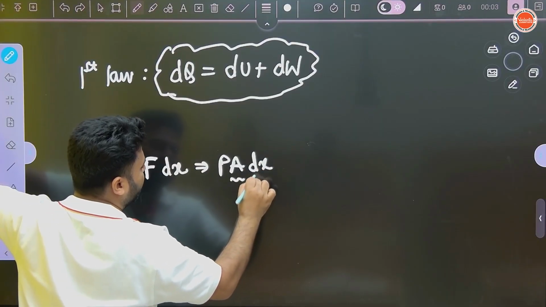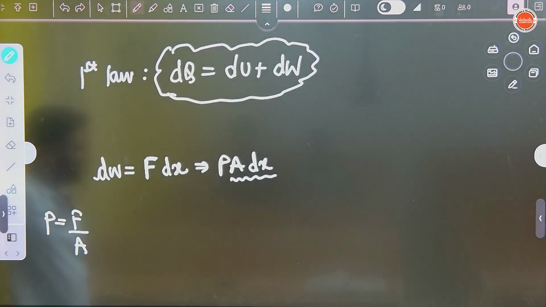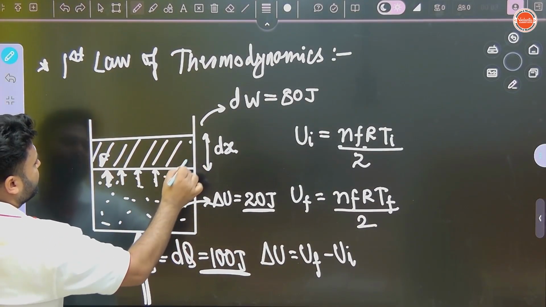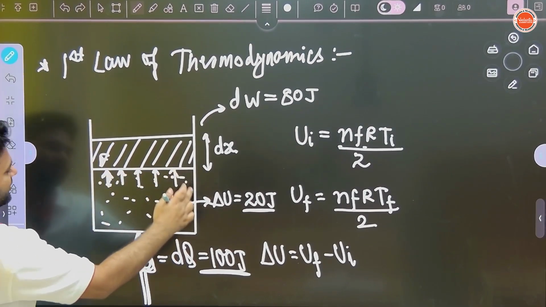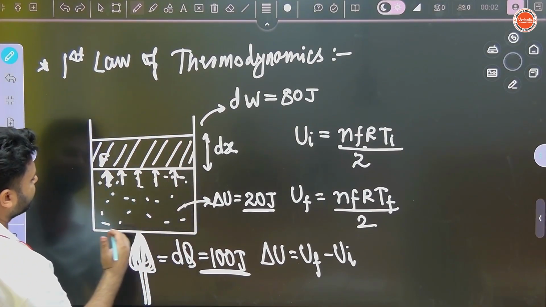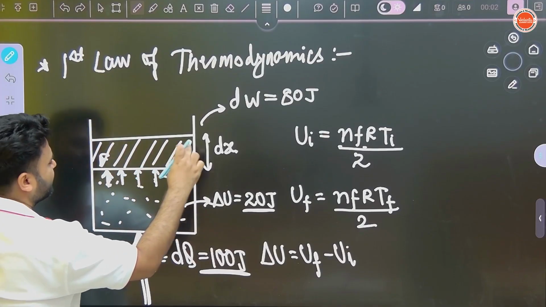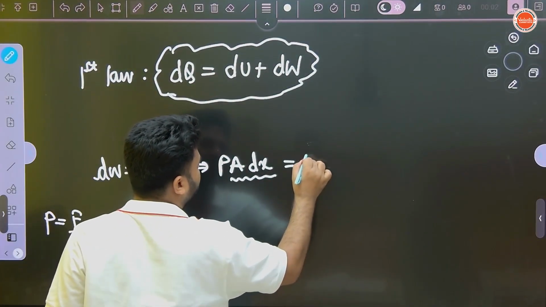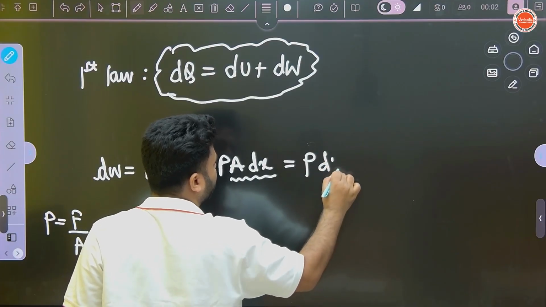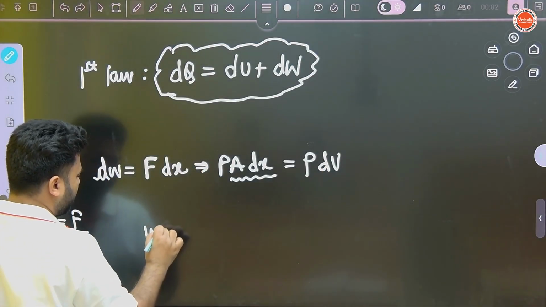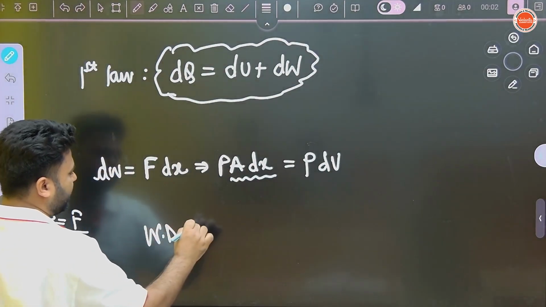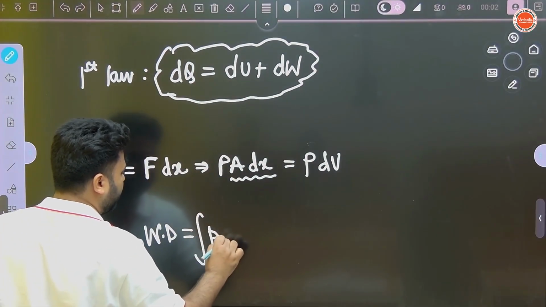Now this A into dx, area into length. Can we write this as volume dV? How much volume changed? Initial volume was this, final volume of the gas is this. So what is the change in volume? This is the dV. So A dx, area into length, is nothing but P dV. So always remember that the work done formula is integration of P dV.